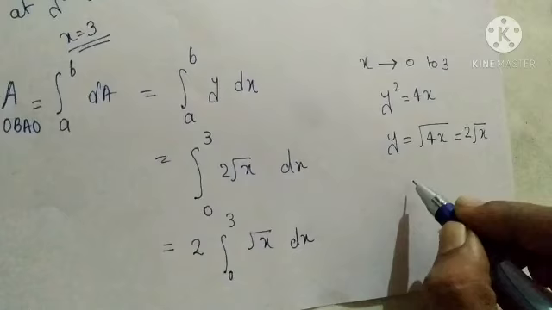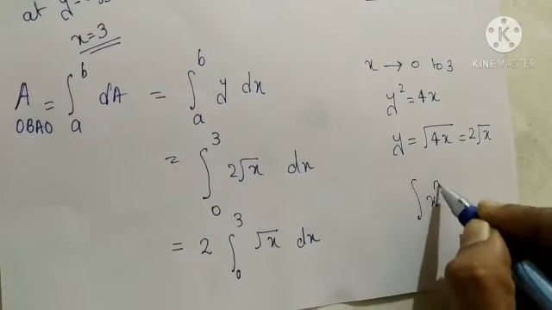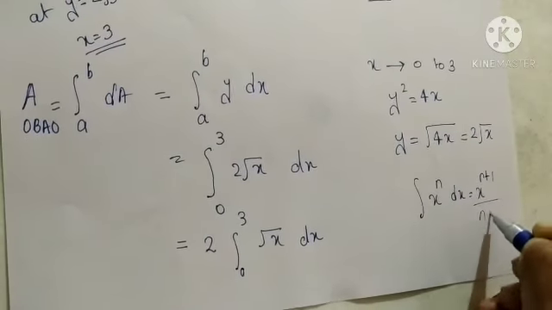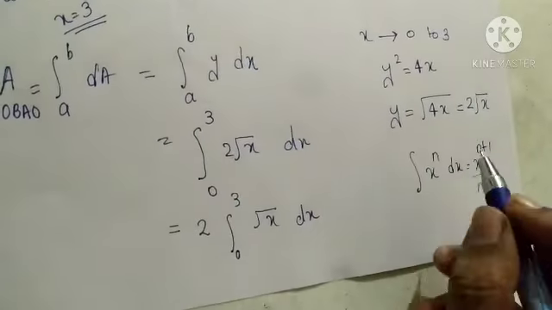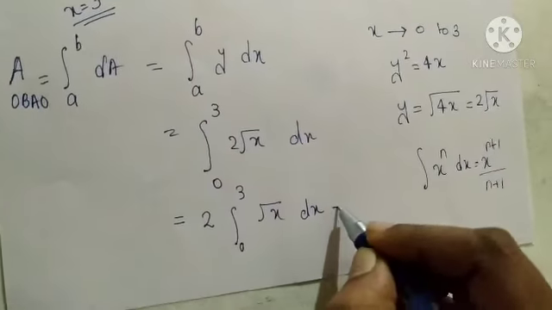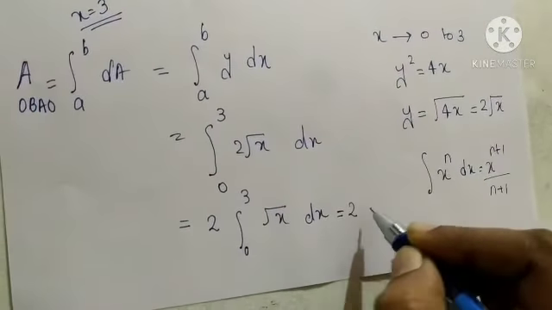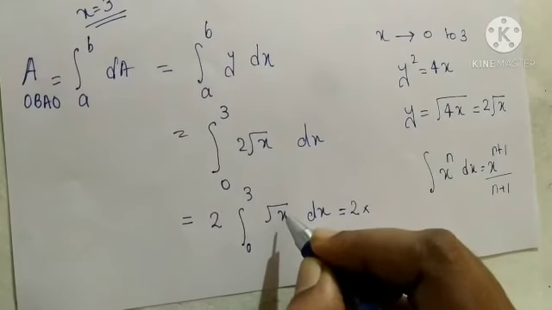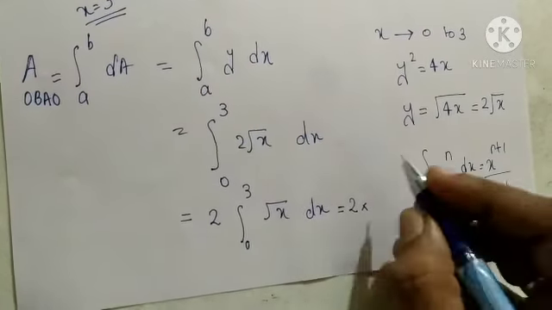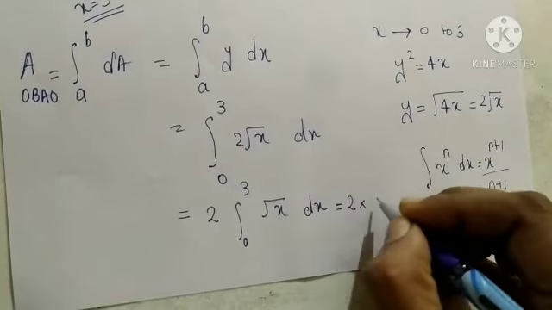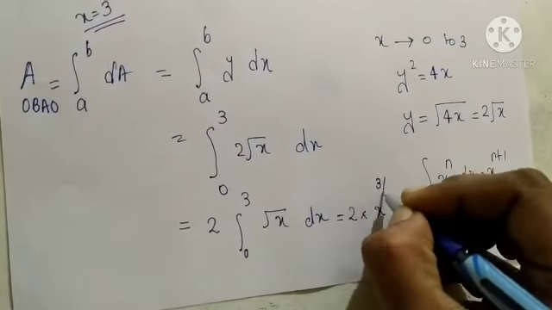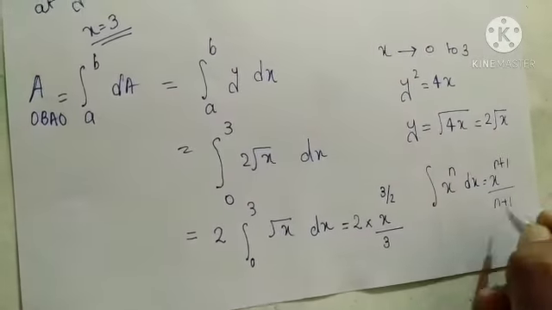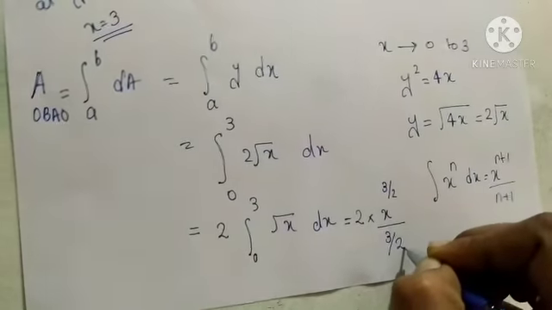Using the standard formula, the integral of x raised to n dx is equal to x raised to n plus 1 divided by n plus 1. Root x is equal to x raised to 1 by 2. So replacing n by 1 by 2, we get x raised to 1 by 2 plus 1, that is x raised to 3 by 2, divided by 1 by 2 plus 1, which means in the denominator we get 3 by 2.